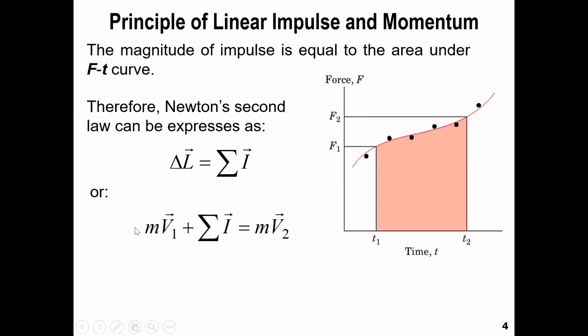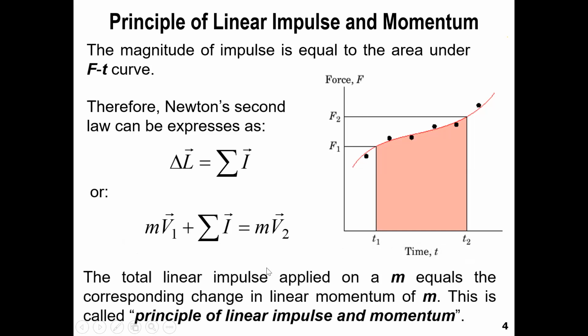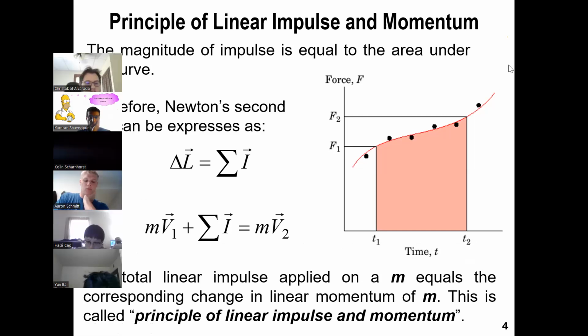So technically, you can write the initial linear momentum of a particle plus the summation of all impulses applied to the particle is going to be the final linear momentum of the particle. And we call this the principle of linear impulse and momentum, which shows the change of linear momentum of a system is equal to the summation of all linear impulses acting on the system.